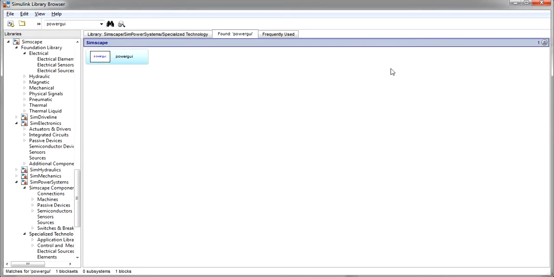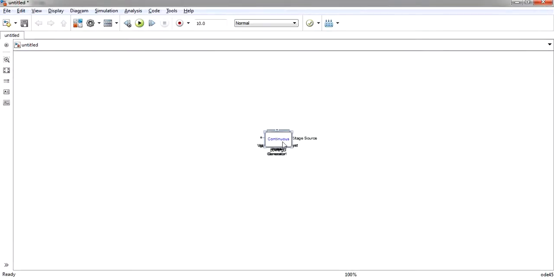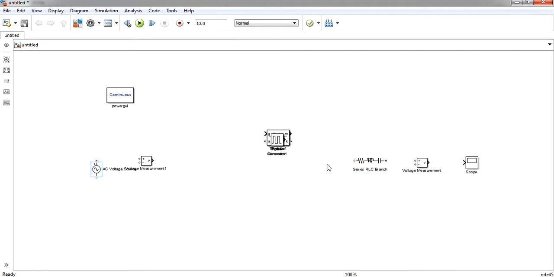Now I think we have taken all the components which are required, so let us place them. One voltage measurement for the input voltage, I have placed at the input side, and one for the output. The scope will be at the output, the RLC branch also at the output side, and the AC source at the input.